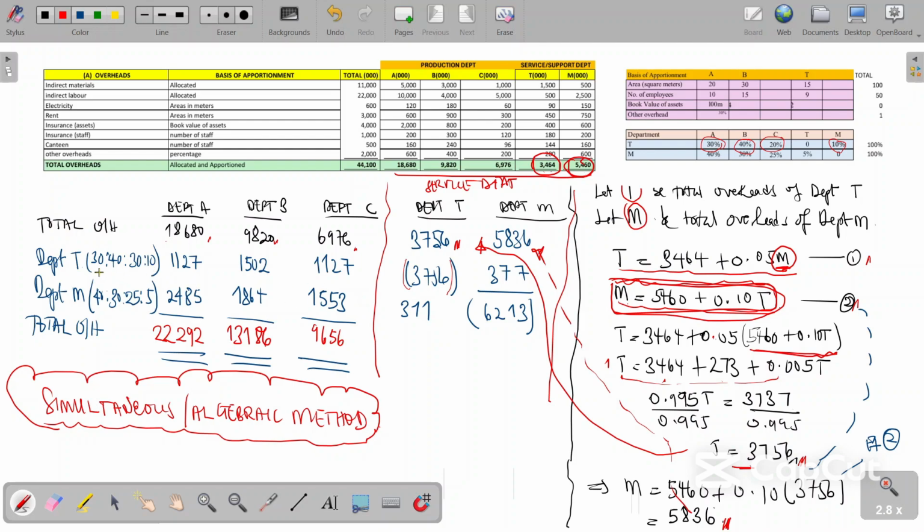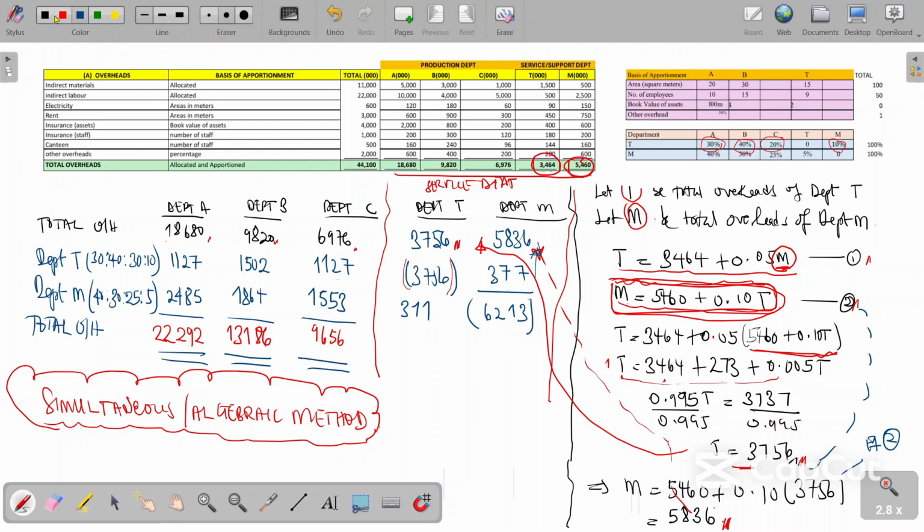When we multiply 30% times 3756, you get 1127. Likewise for the rest. Here 10% times 3756 will be attributed to department M. In order to share department T, we need to add this to this, so the total is 6213.